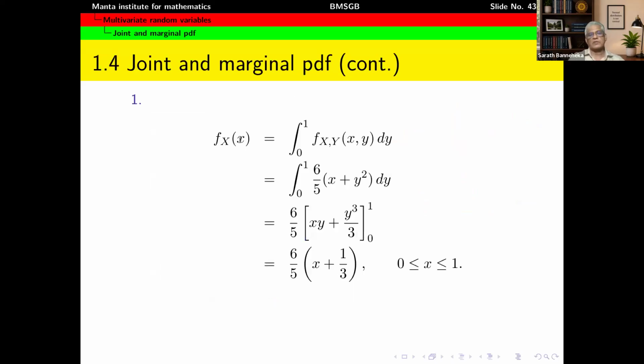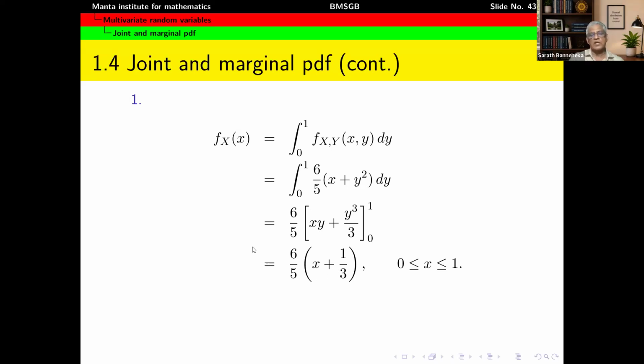So fX is going to be the integration of the joint density from 0 to 1 with respect to y. You are integrating this with respect to y, so this term will be considered as fixed, but this term will be integrated. So the 6/5 can be taken out, and then x times y and y cubed divided by 3, and you put the limits from 0 to 1 to get the marginal density.